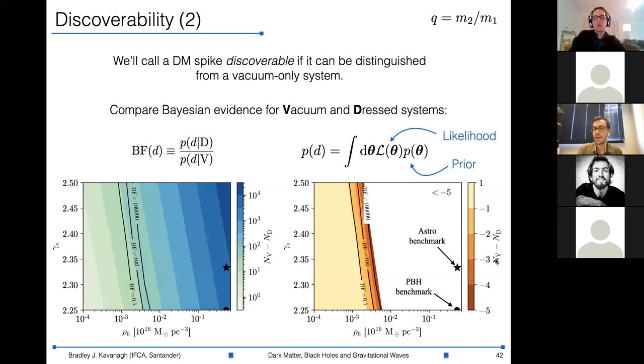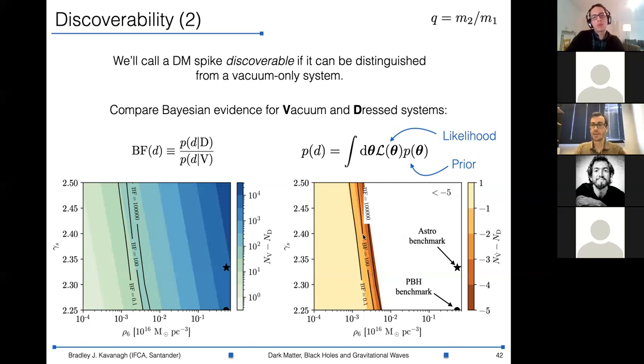So instead, on the right, we plot the difference in the dephasing between the data, this dark dressed system that we observe, and the best fitting vacuum waveform. And what you find is that in some parts of parameter space over here, it's just a few cycles difference over the whole inspiral. And then in all of this white region, it actually just becomes too hard to find the best fitting vacuum waveform. There aren't any good vacuum waveforms that fit.